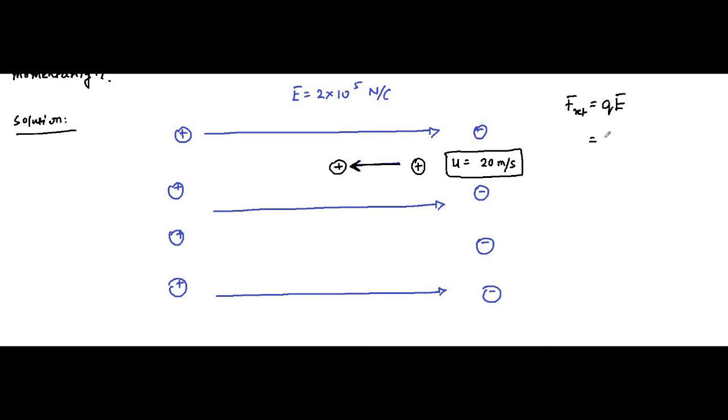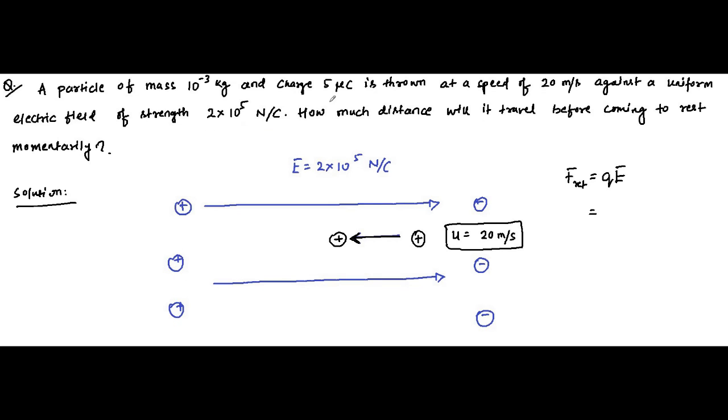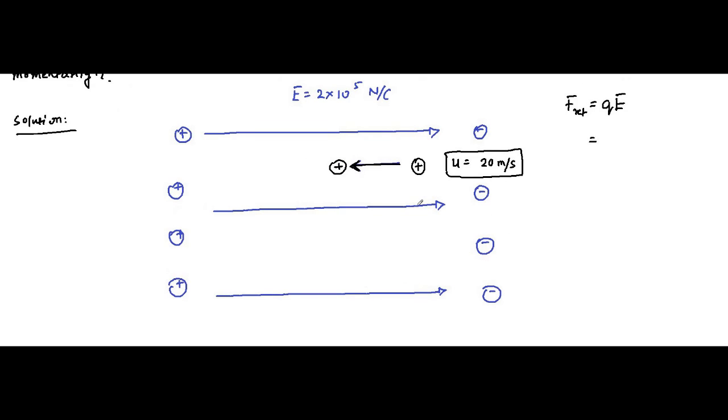This object has charge 5 microcoulomb, so it will be 5 into 10 to the power minus 6 coulomb multiplied with the electric field, 2 into 10 to the power 5 Newton per coulomb. That is equal to 1 Newton. That is the retarding force.